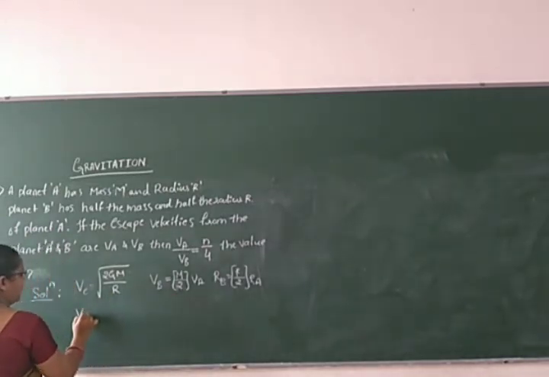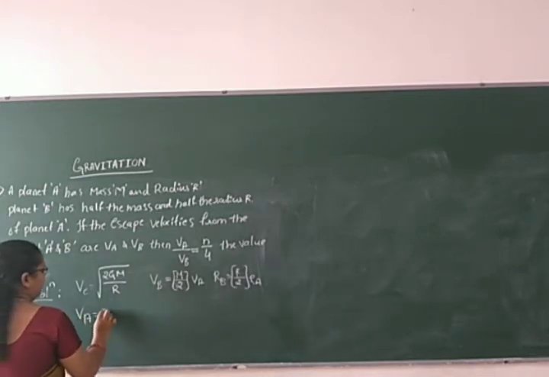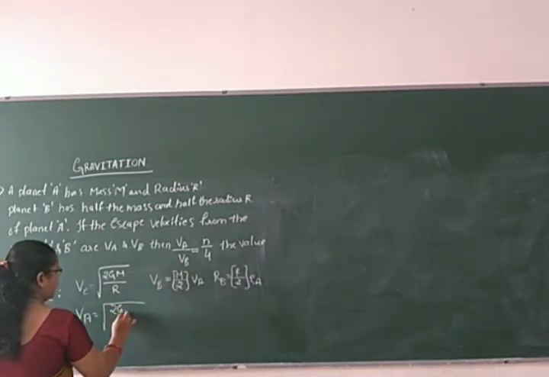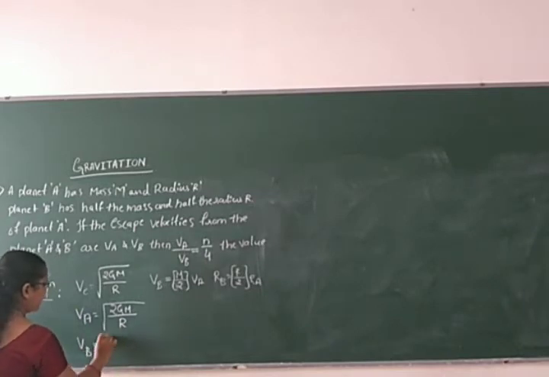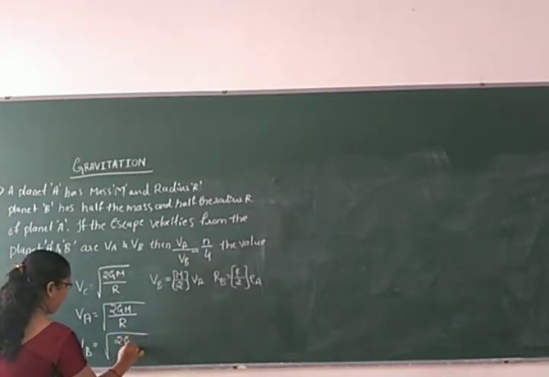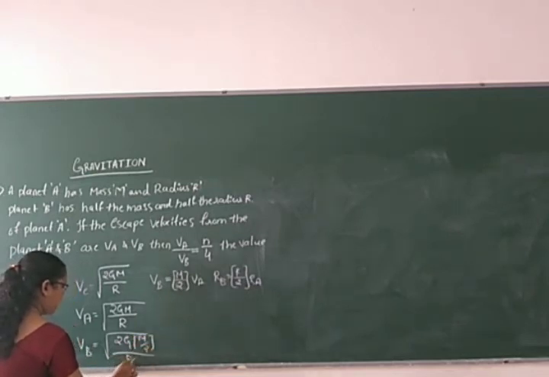Then what we get here? The escape velocity of planet A is root of 2GM by R. Then what about planet B? That is root of 2G times M by 2, divided by R by 2.